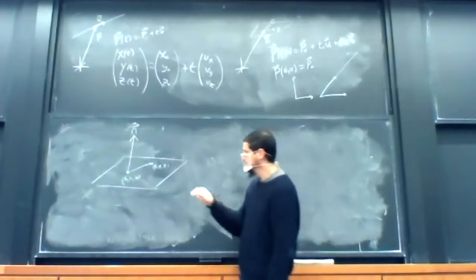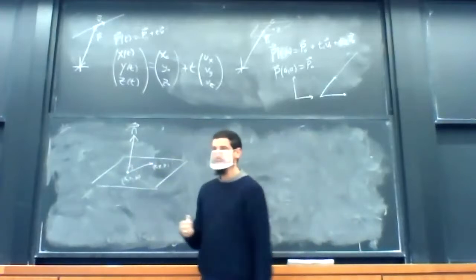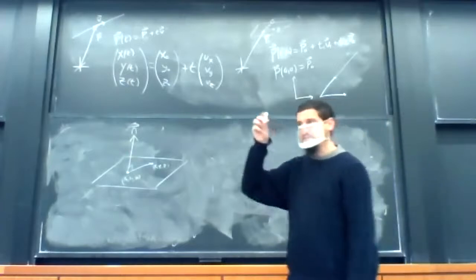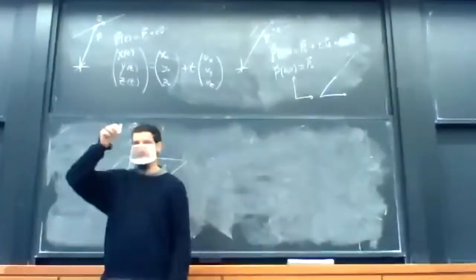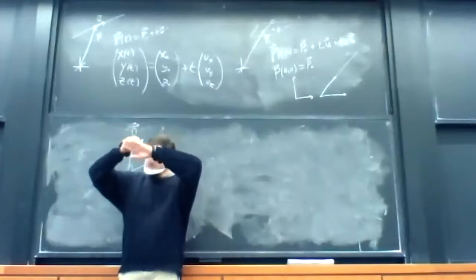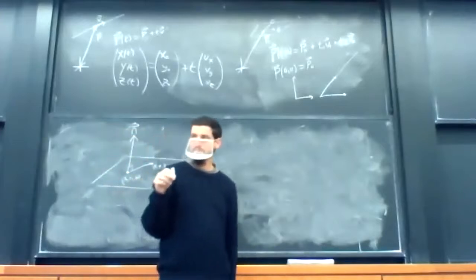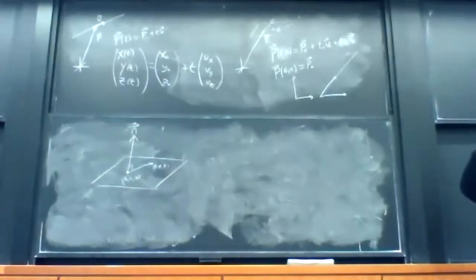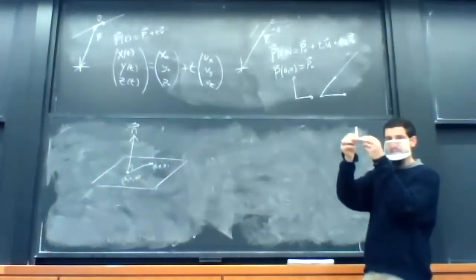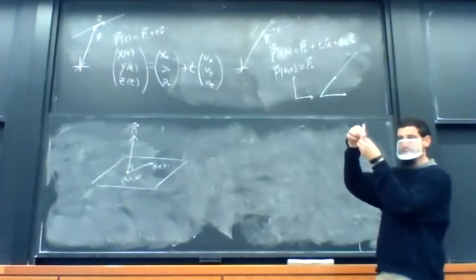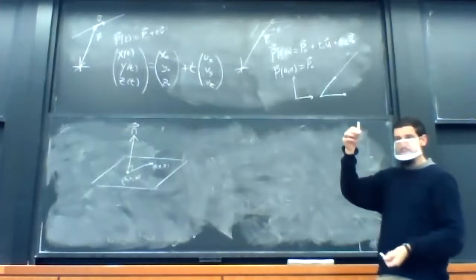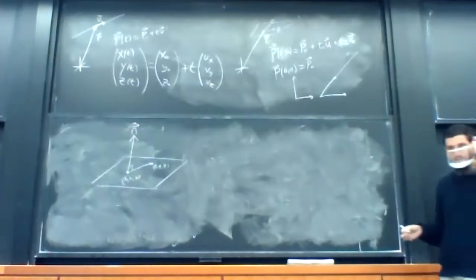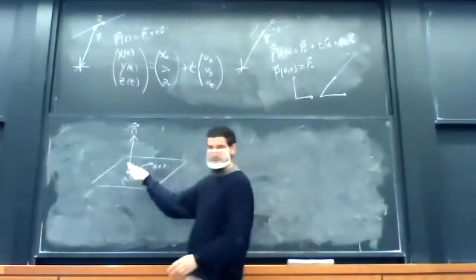And that has to be perpendicular to the normal. If you think about it, we start off with the 3-dimensional world. If I tell you you have to be perpendicular to the normal, how many dimensions is the space that's perpendicular to the normal? So here's my normal, and I take something that's perpendicular to it. I can spin this point around. It's going to give you what kind of object? Plane.